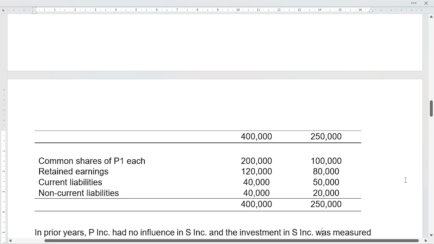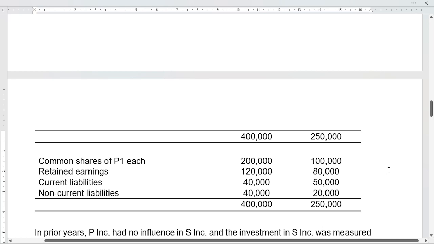Total assets na 250 minus all the liabilities, ang makukuha mo 180. So ang 45% noon na 81,000 ay yun ang non-controlling interest, base sa fair value ng net identifiable assets ng acquiree. Okay? Yun yun, 180.